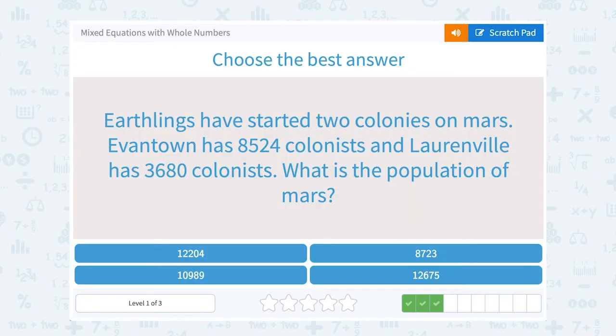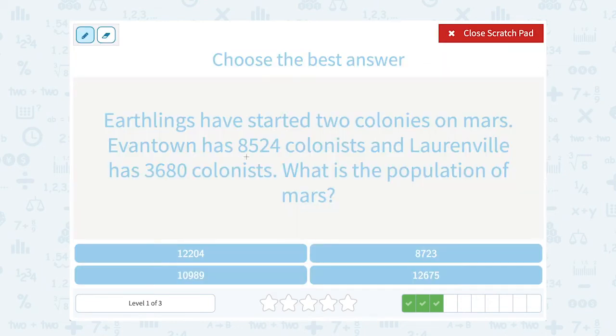Earthlings have started 2 colonies on Mars. Evantown has 8,524 colonists, and Laurenville has 3,680 colonists. What is the population of Mars? All right, well, if we know the population of each of the 2 colonies on Mars, we would need to add them together to get the total population of everybody on Mars.